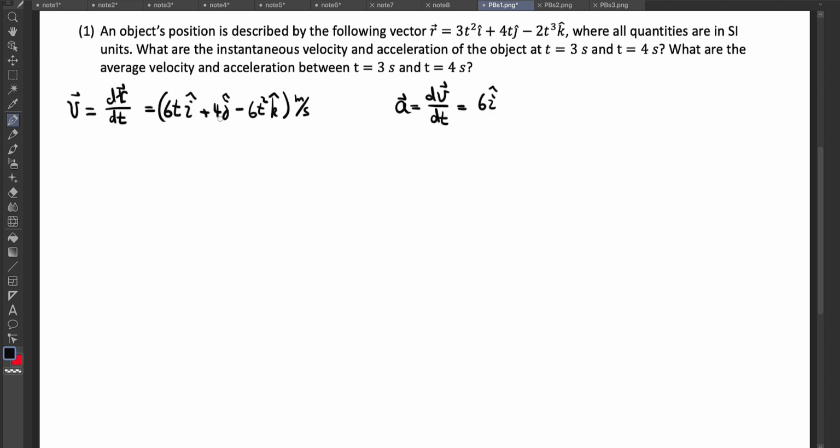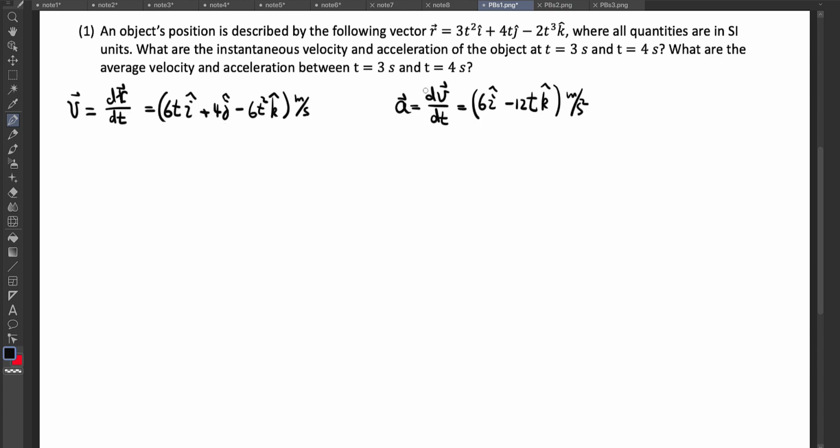The second term is a constant, so it disappears after the derivative. The third term is negative 12 times t k hat. The unit here should be meters per square second. Okay, so that's v and a, the instantaneous velocity and acceleration.